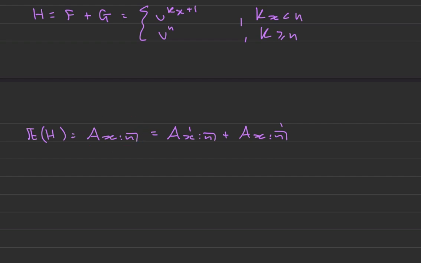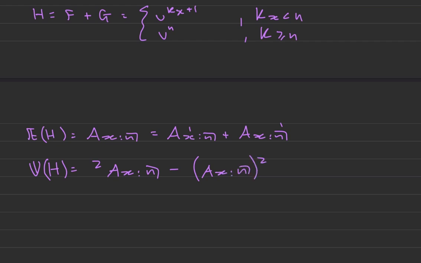Now what's the variance here? So the variance of h is going to be ²A_{x:n} minus (A_{x:n})².